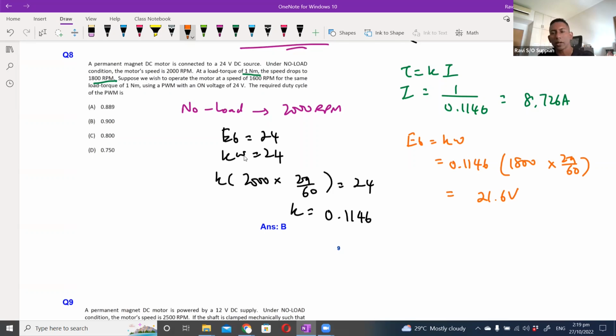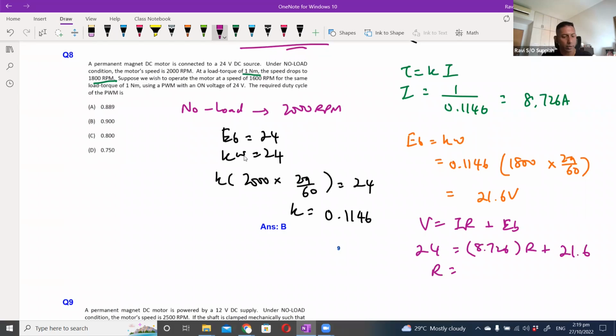Now once I calculate the current and I know the back EMF in this situation, I can already calculate the resistance. So we know that V is IR plus EB. The source is 24 volt, which equals 8.726 multiplied by R plus 21.6. So your R is 0.275 ohm.